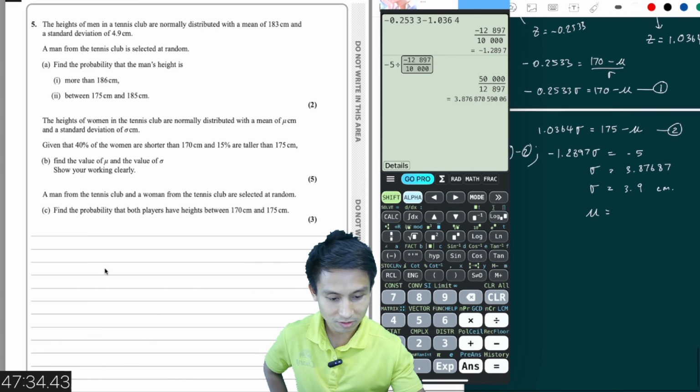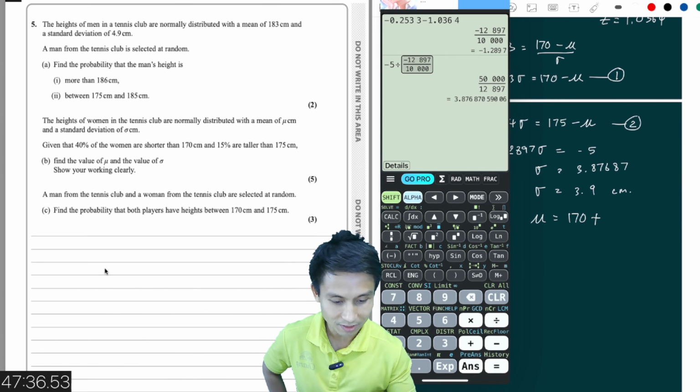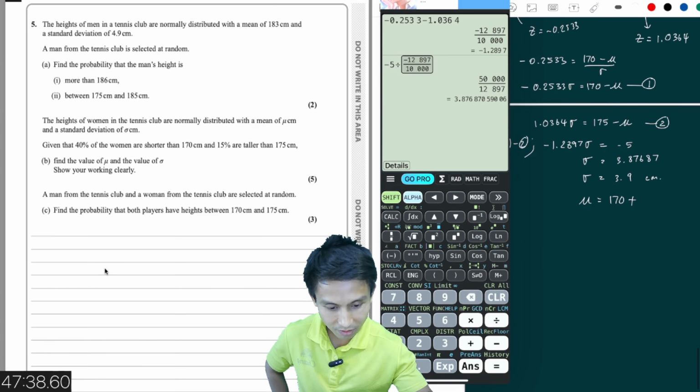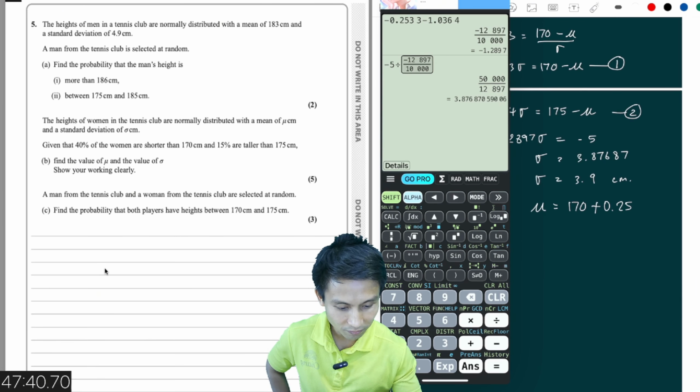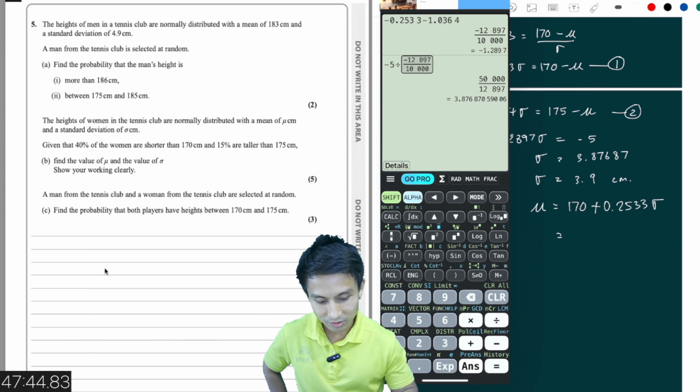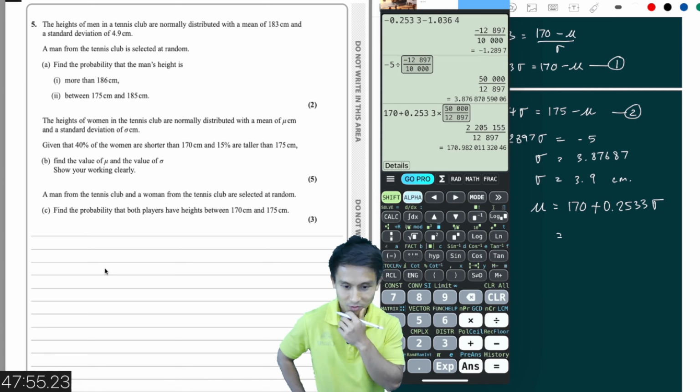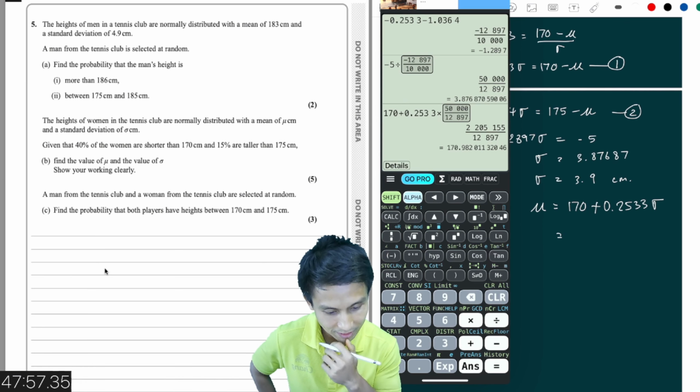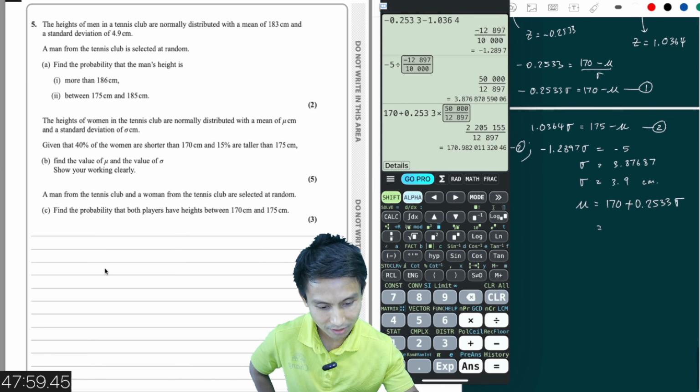And we want to solve for mu as well. So I'm just going to use the first equation, so mu equals 170 plus 0.2533 sigma. I've got sigma already. So I do 170 plus 0.2533 times the answer, just to follow that through. Let me check the math there.